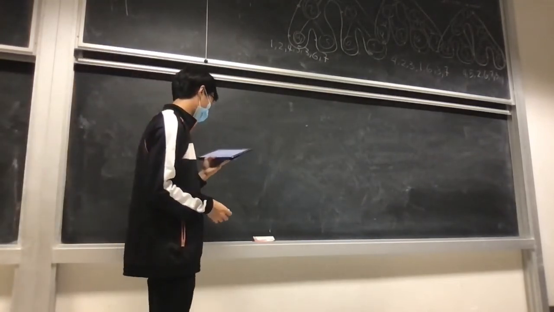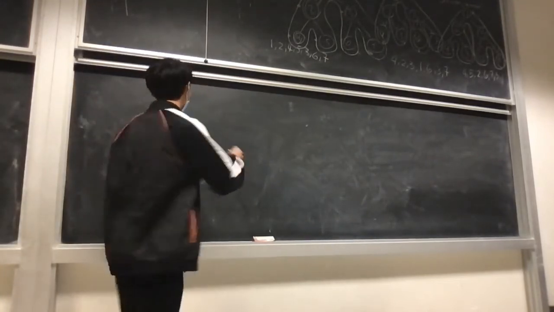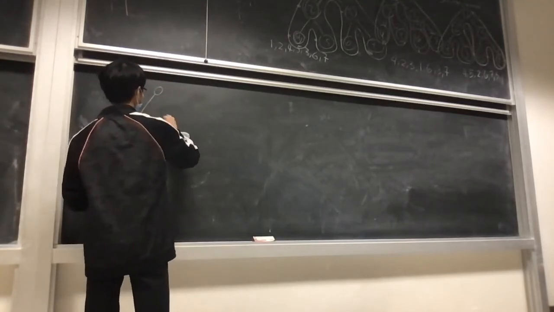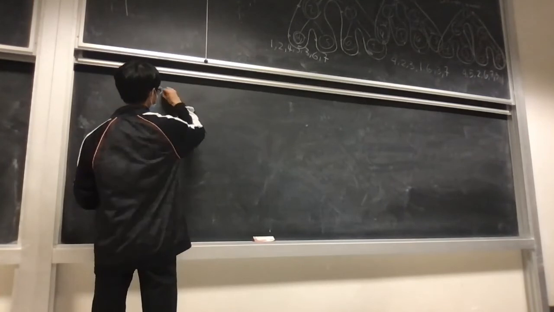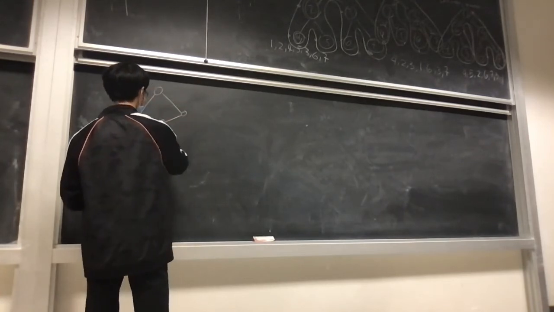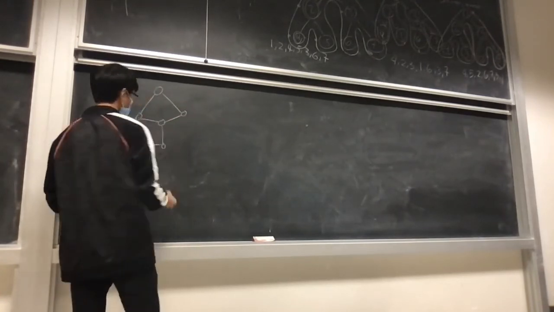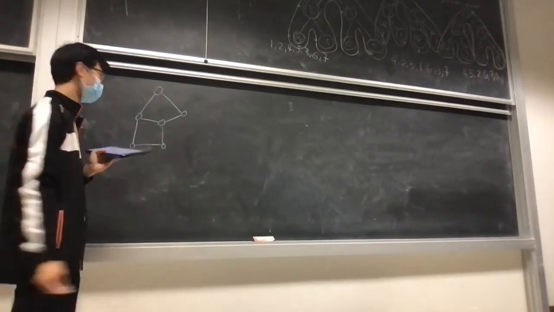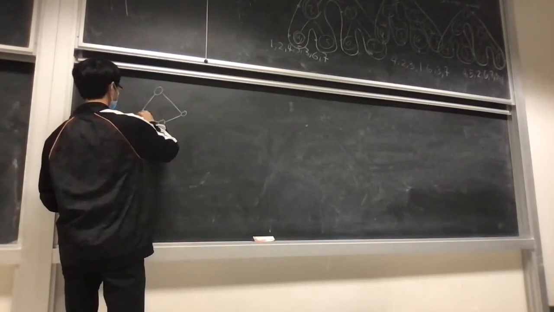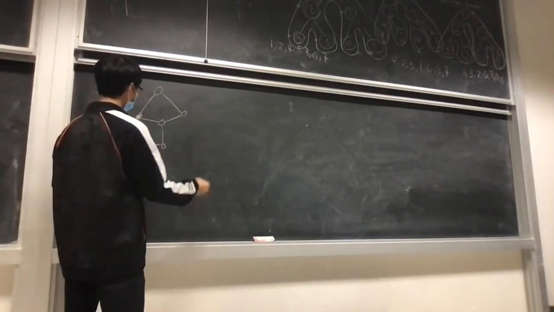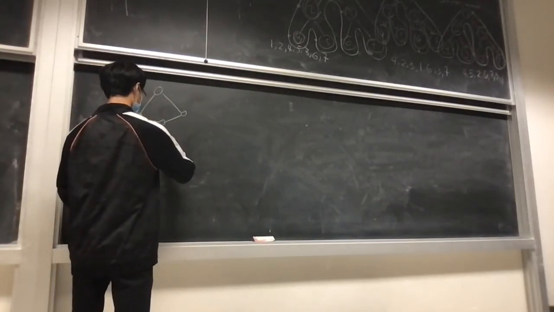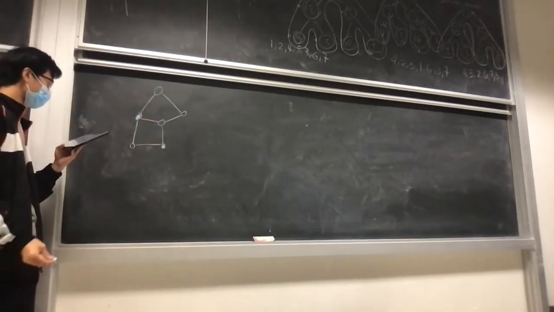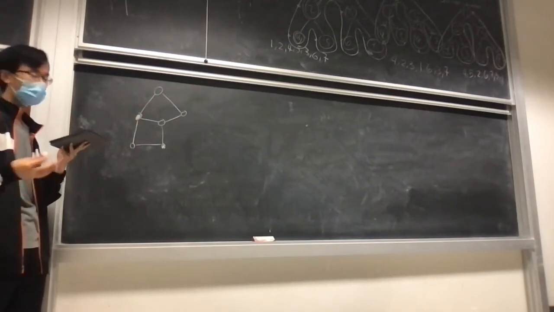So just to clarify, we have a graph. Let's say we have something like this, and then some of these nodes are colored red. You can just assume if they're not colored red, they're uncolored. And then you want to find some node X. It could be any node.